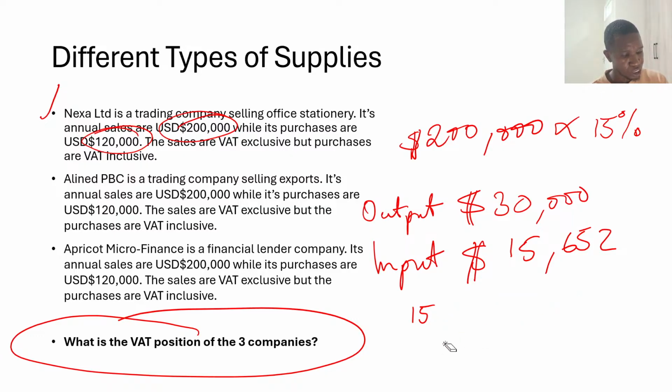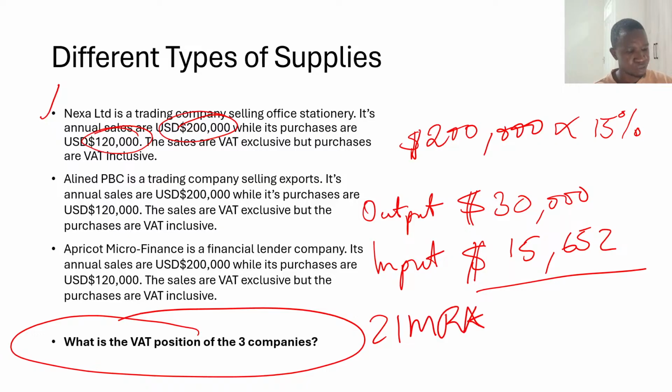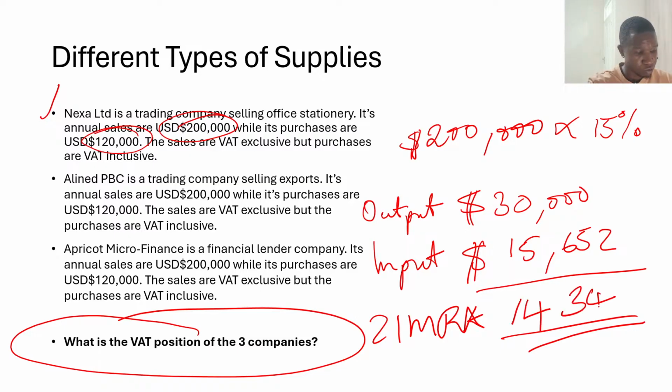Our question says, what is the tax position or VAT position of these three companies? So the amount that we need to pay to ZIMRA as VAT will be 30,000 minus 15,652. So the tax that will need to be paid is 14,348.